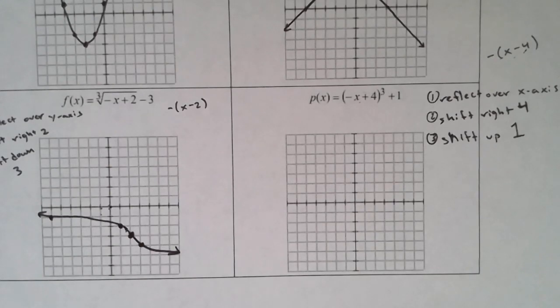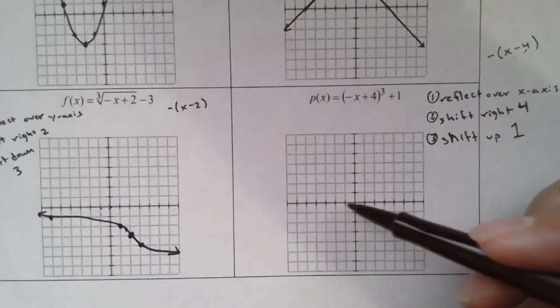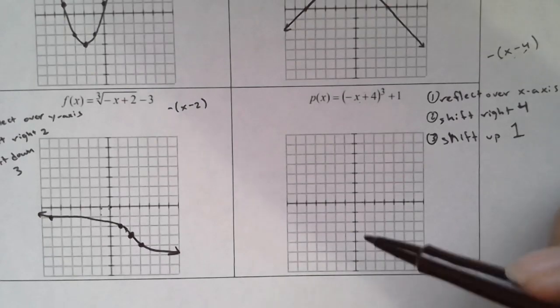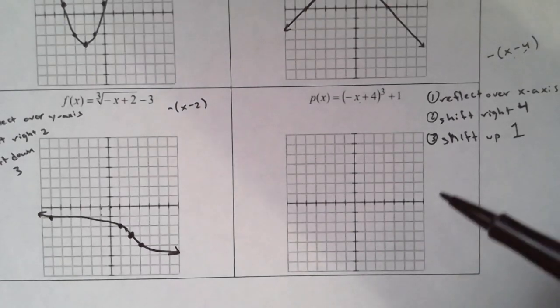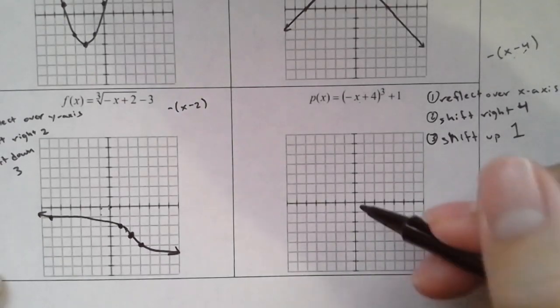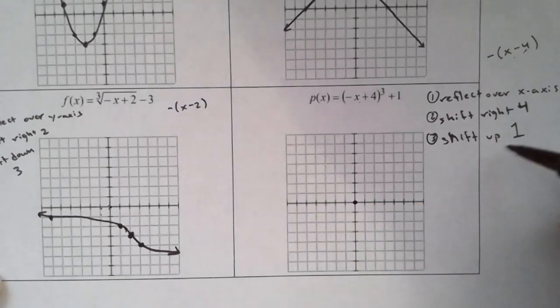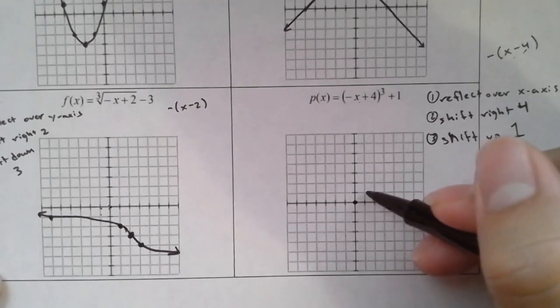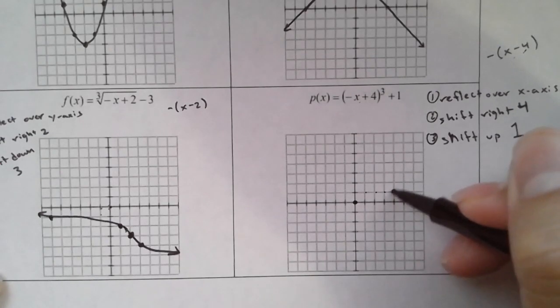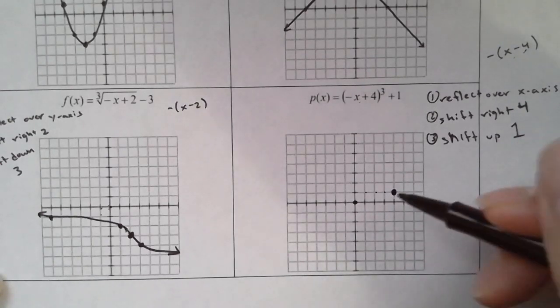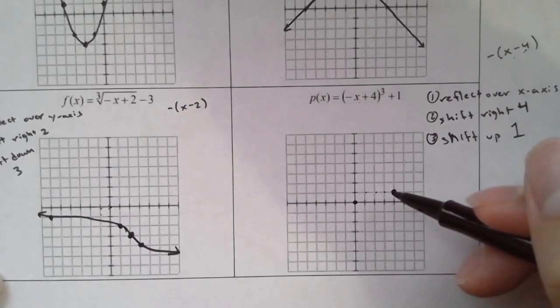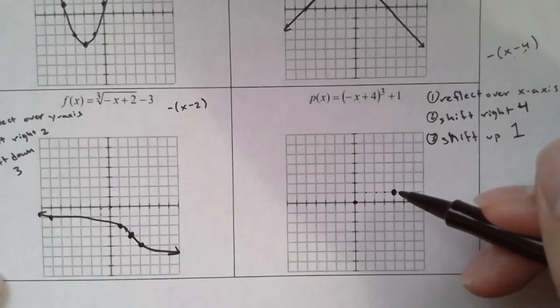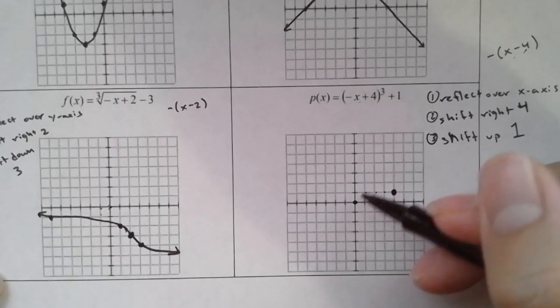Again, I know what the basic cubic function looks like. I know it passes through the origin. I shift up 1 and then to the right 4. So here's where it's actually going to be passing by. And I know that 1 cubed is 1, -1 cubed would be -1, so there would have been points here.